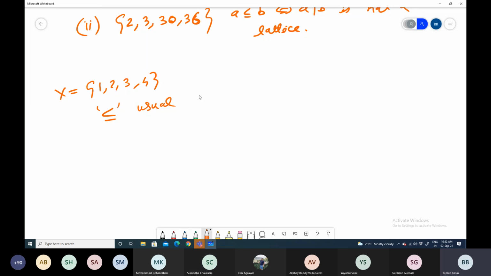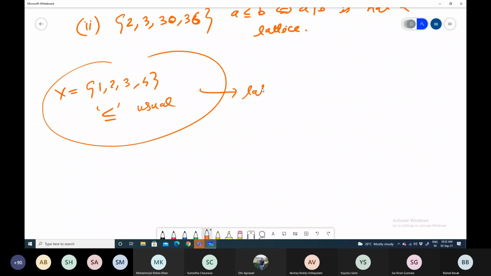If you take 1, 2, and the least upper bound, that is just 2. That is fine. It is a lattice. Okay, yeah, so the least upper bound and the greatest lower bound can belong to the set we are taking.